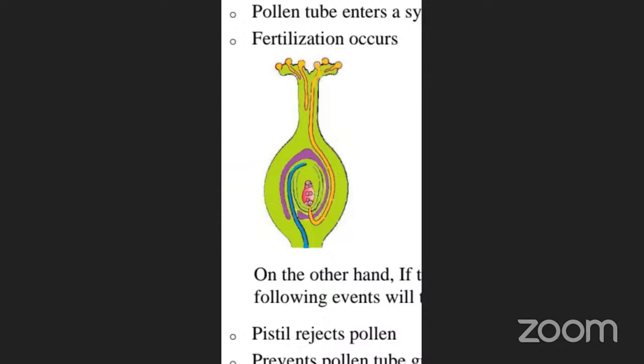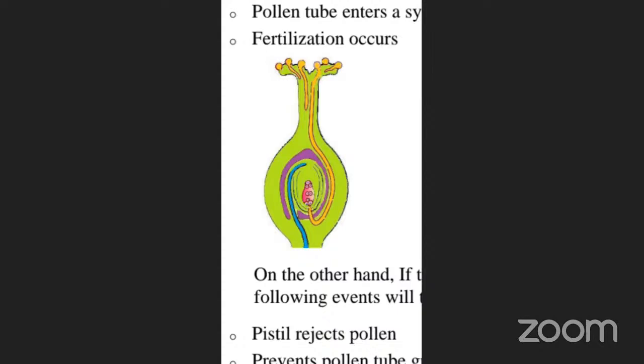Finally, the pollen tube enters into the ovule. Then the fertilization process is over. That is syngamy. Syngamy means the pollen tube has two male gametes.